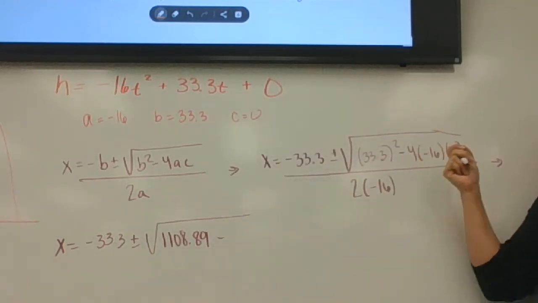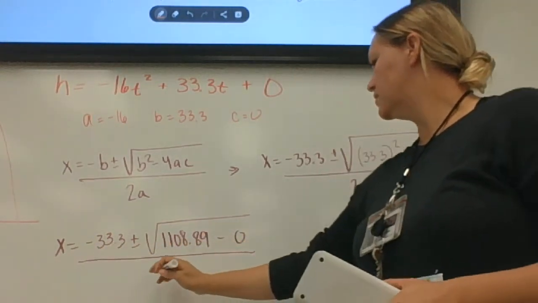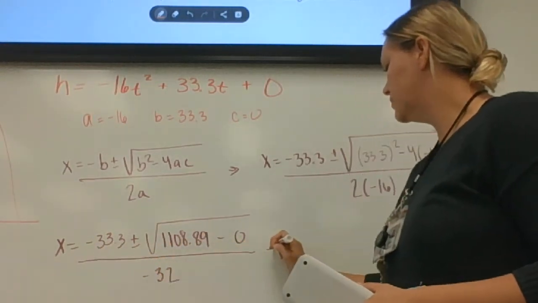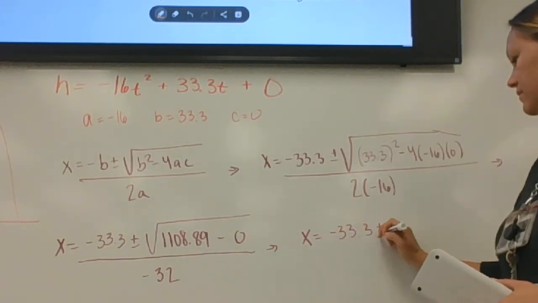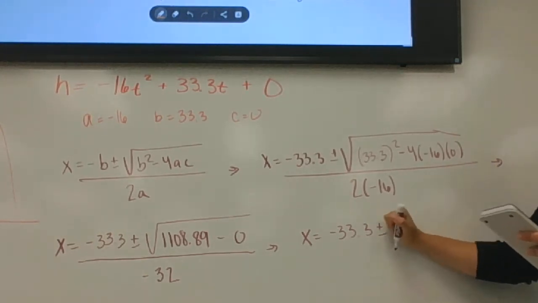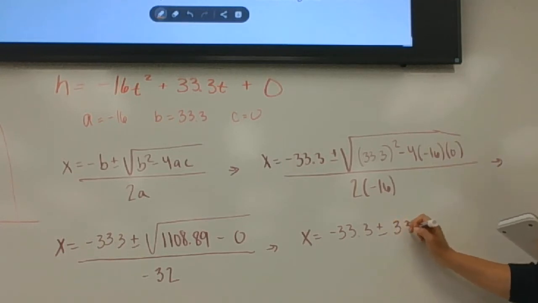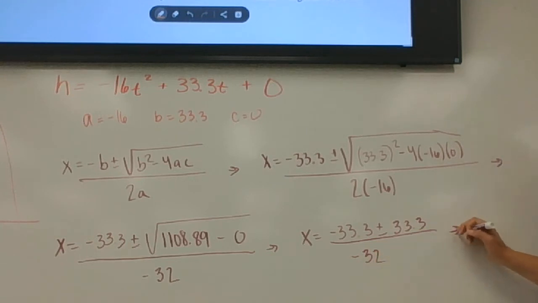Alright, this should be 64 times 0, which is 0. Then we separate.